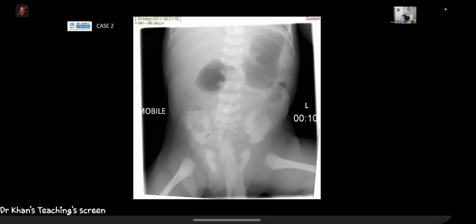So this is one that you want to keep in your head: there's a double bubble, yes, but there is also presence of distal gas, and you want to do an upper GI contrast study, especially if the surgeons are worried, to exclude further distal obstruction distal to this double bubble sign.